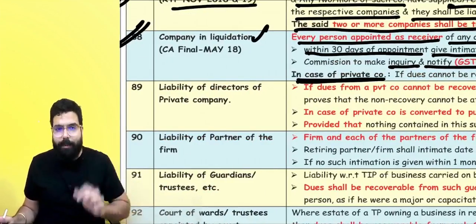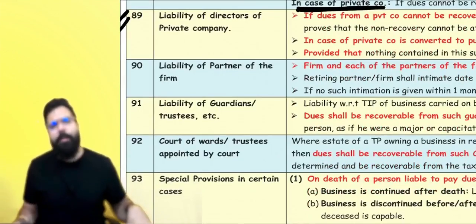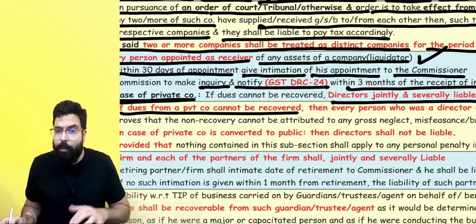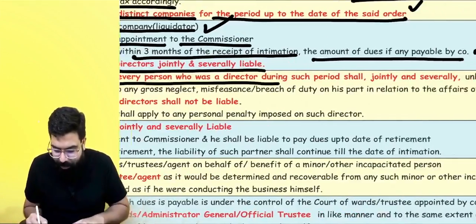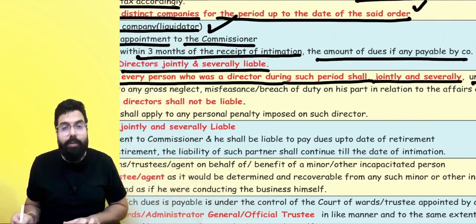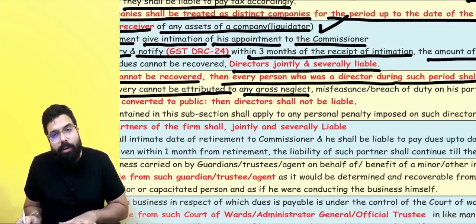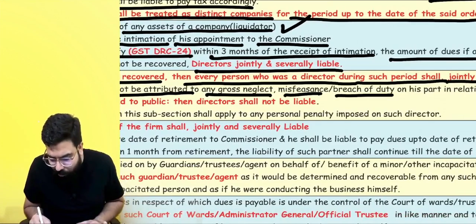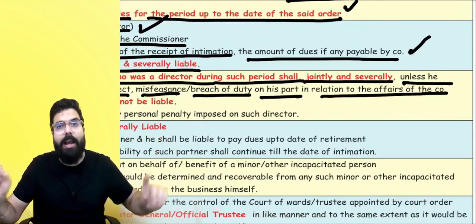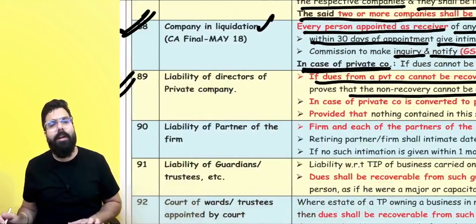Liability of directors of a private company: if dues cannot be recovered from the company, then every person who was a director during such period shall be jointly and severally liable, unless the director proves that the non-recovery cannot be attributed to his gross negligence, misfeasance or breach of duty in relation to the affairs of the company. Otherwise, if there is a default of a private company, the directors are jointly and severally liable.